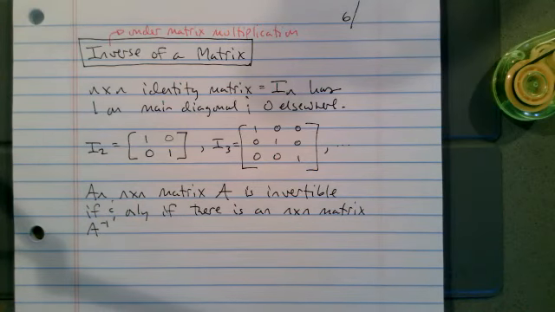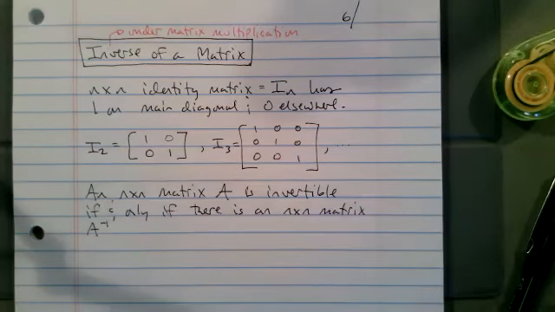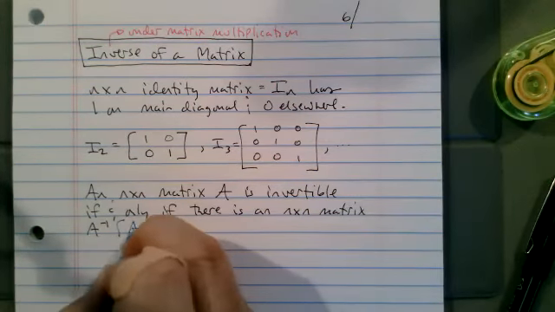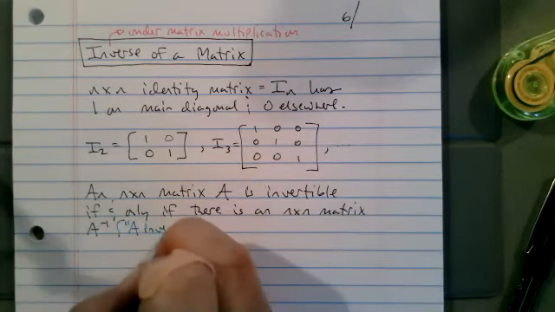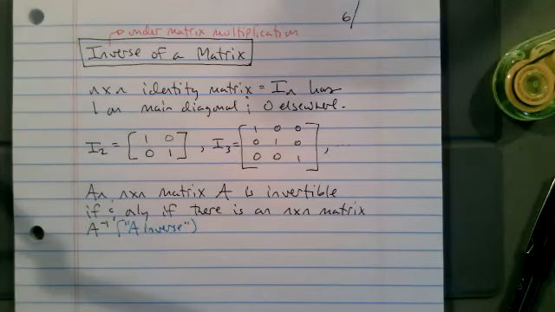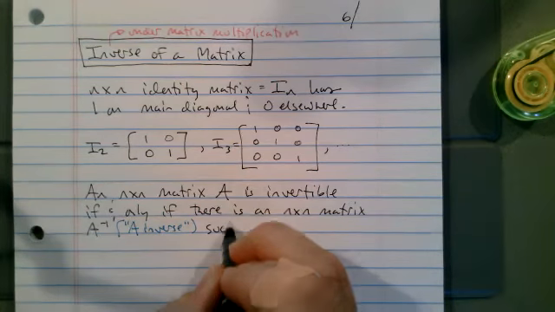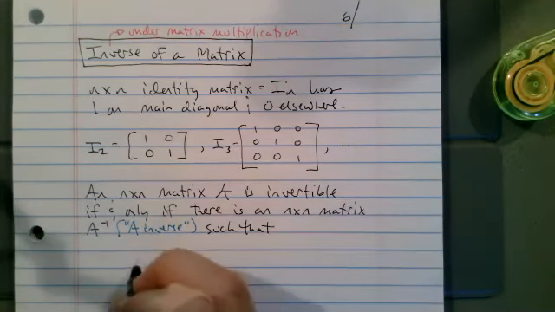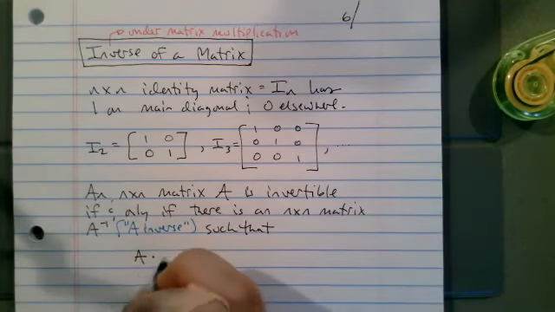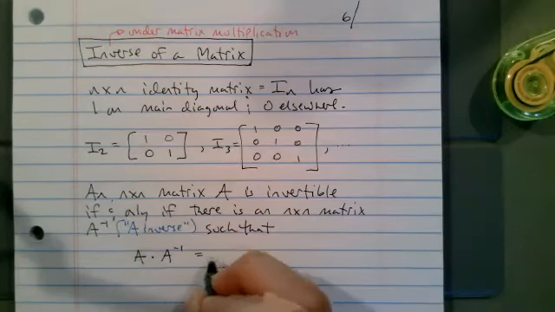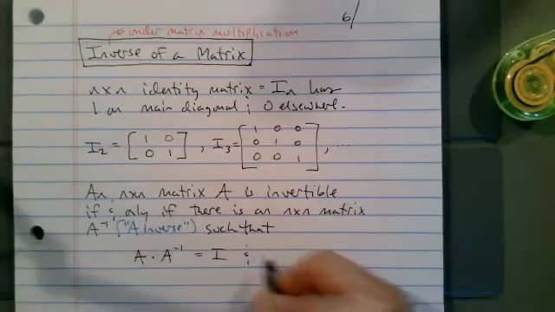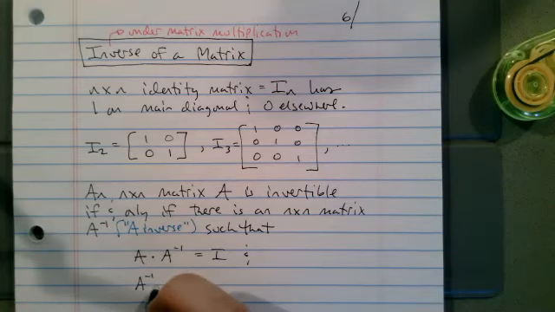I'm going to write A to the -1, and that's going to be pronounced A inverse. That's how we're going to read that symbol, A inverse, such that A times A inverse is equal to the identity matrix, and A inverse times A is equal to the identity matrix.